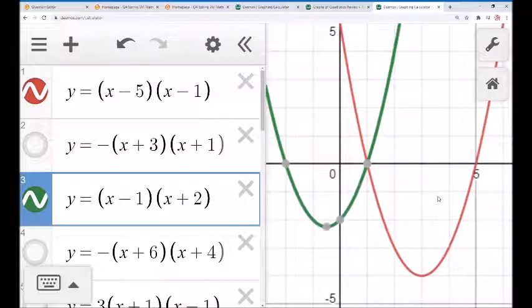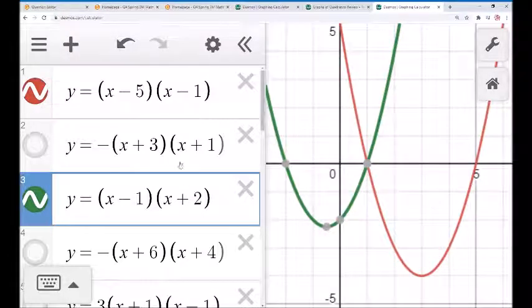Can you make a connection between the green formula and this graph here? I'm going to give you the answer in about 5 seconds.